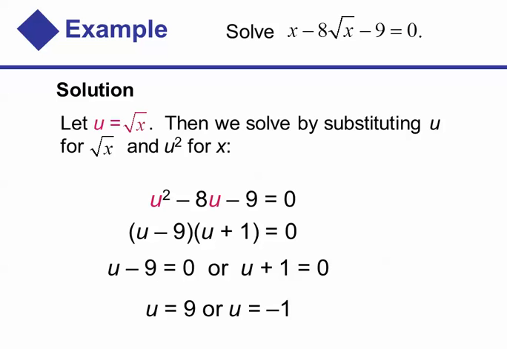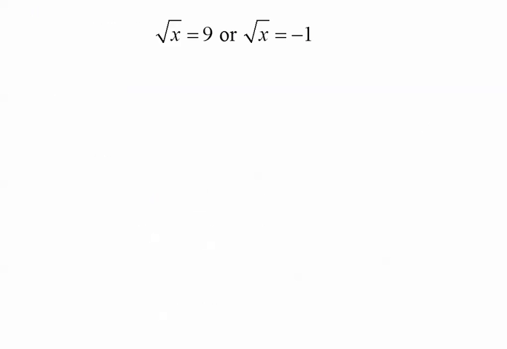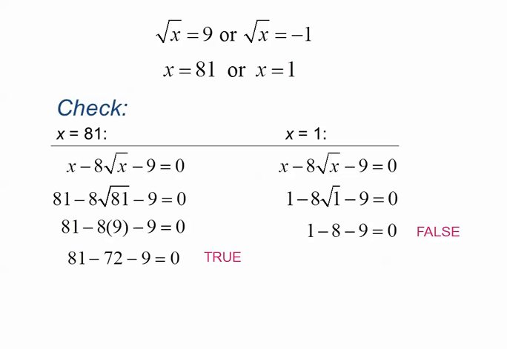Now we have to substitute back into u equals the square root of x. So either the square root of x equals 9 or the square root of x equals -1. So x equals 81 or x equals 1. Now we must check.